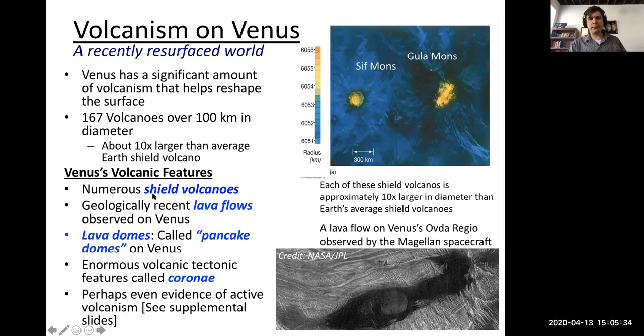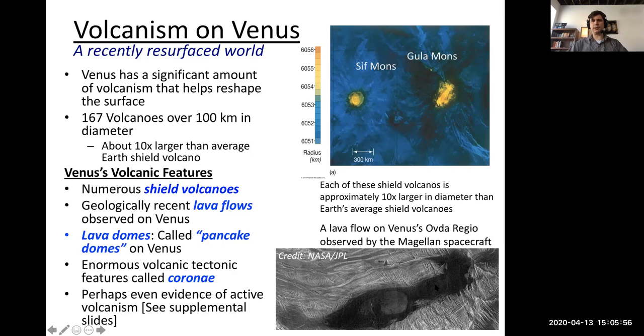So what other evidence of volcanism do we see on Venus other than the shield volcanoes? We see lots of lava flows. Here's a lava flow down here. Again, radar, brighter colors mean rougher surface. So this dark area right here is a very, very smooth surface. If you look at the supplemental slides, it zooms in on this.